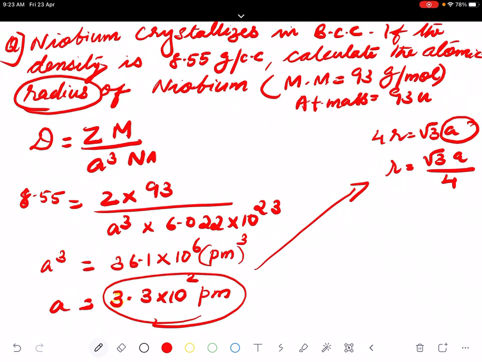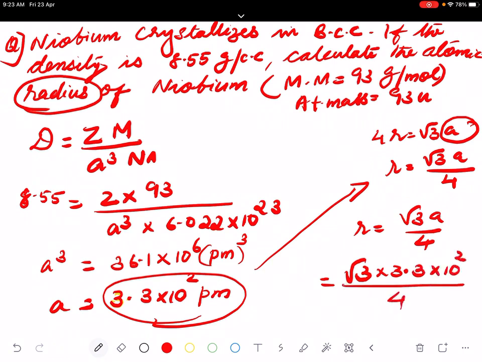So R is root 3 a upon 4, which is root 3 into 3.3 into 10 to the power 2 upon 4. You will get it as 143 picometer. Thank you.